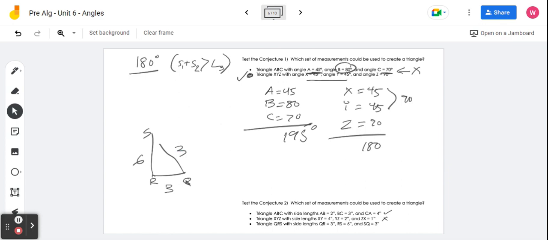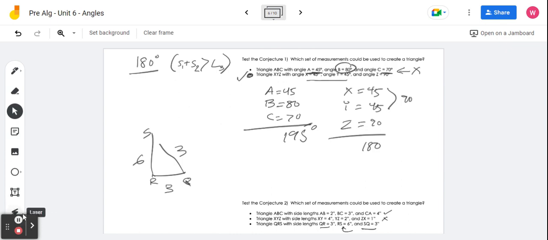Well, just like we saw in our last one, because these two are equal to the longest side, this is possible. Oh no, this wouldn't be possible. If SQ were the longest side, then that would be possible. But because it's RS, that makes it not possible.